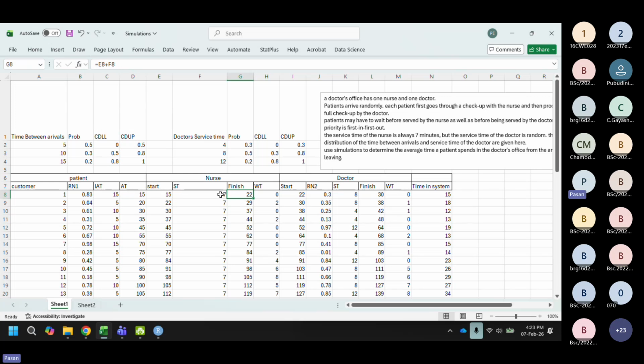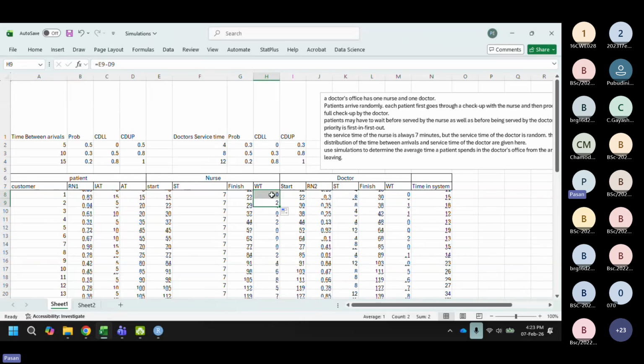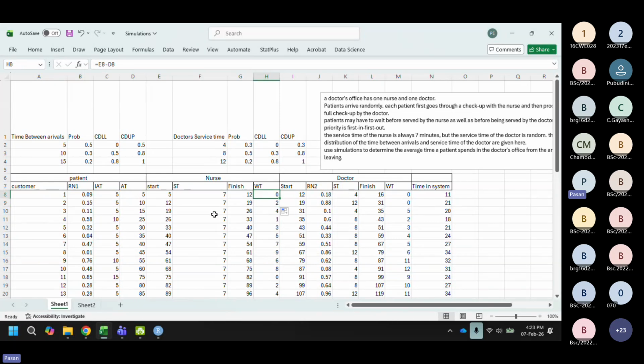So just the summation of these two, and then I can calculate the waiting time. The waiting time is the difference between these two actually. I can define the waiting time here, and even apply that same thing over here.